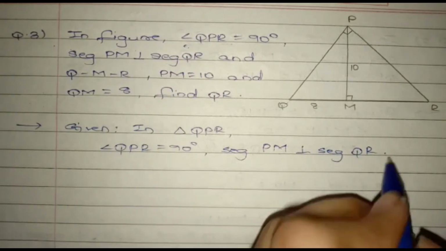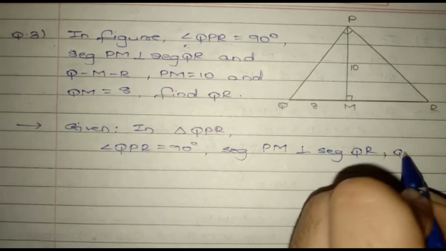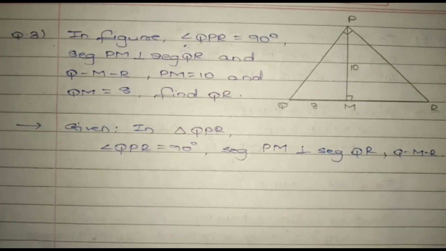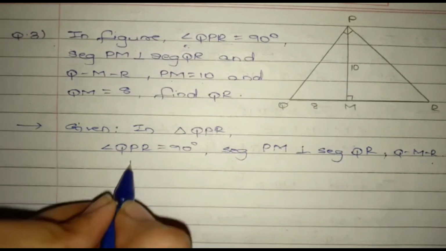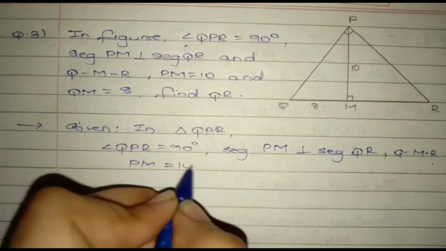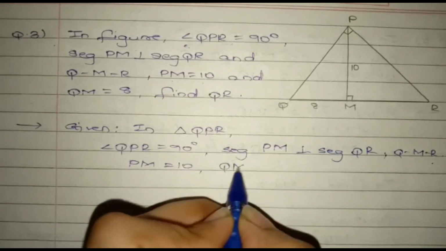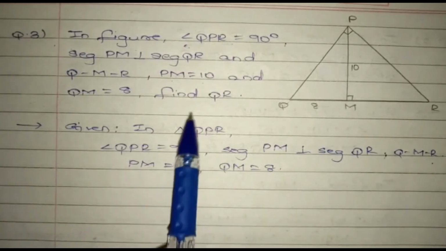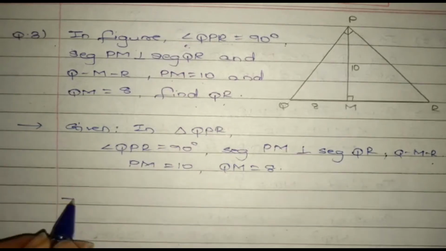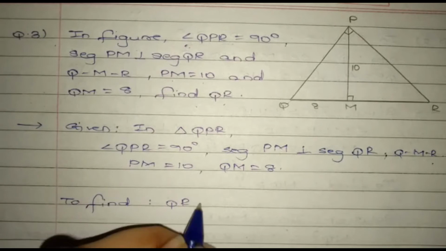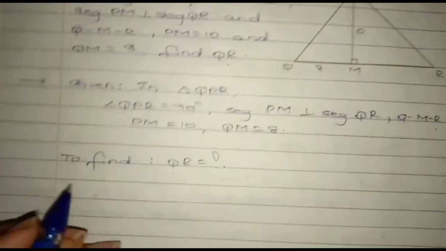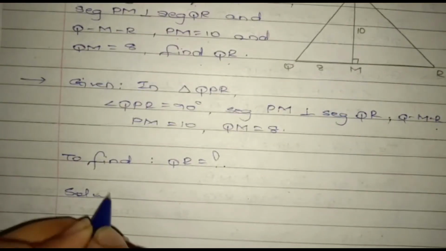Also here we'll write Q, M and R are collinear. Also PM is 10 and QM is 8. PM is equal to 10 and QM is equal to 8. So we have to find out QR. Okay, solution.